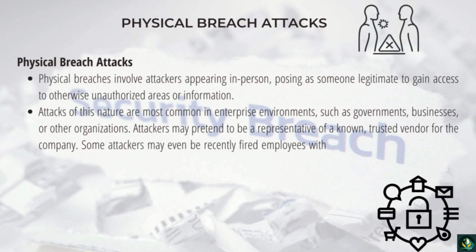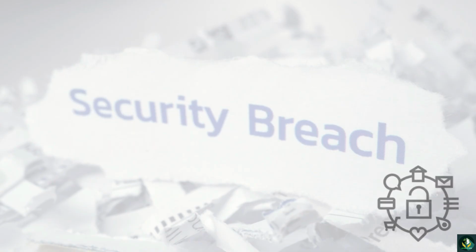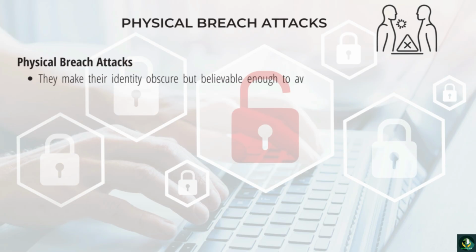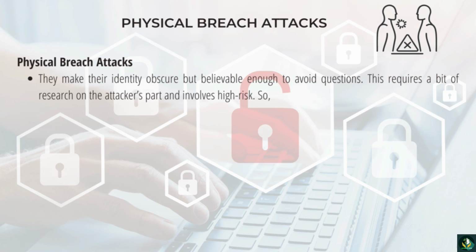Some attackers may even be recently fired employees with a vendetta against their former employer. They make their identity obscure but believable enough to avoid questions. This requires a bit of research on the attacker's part and involves high risk. So if someone is attempting this method, they've identified clear potential for a highly valuable reward if successful.